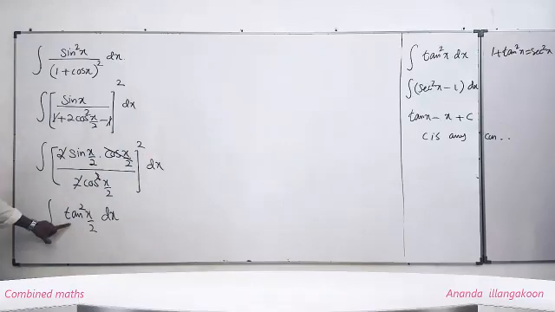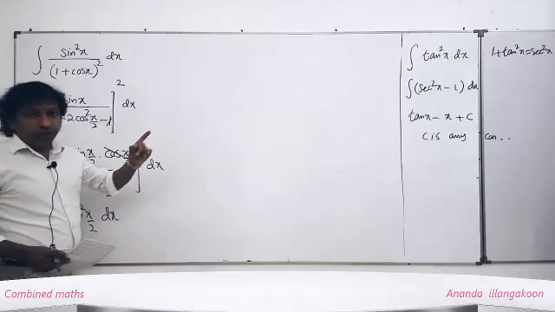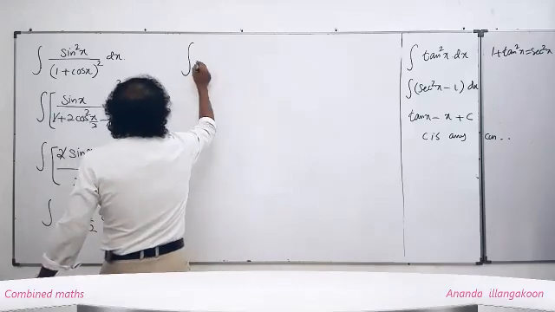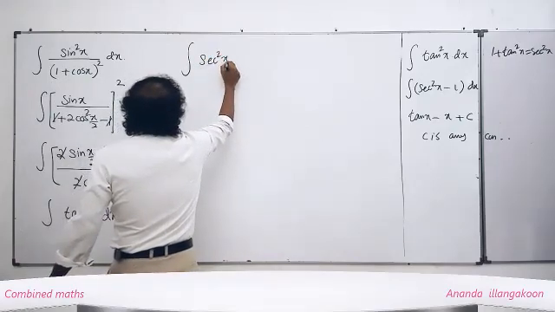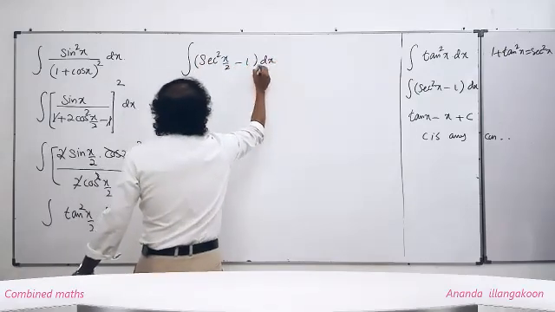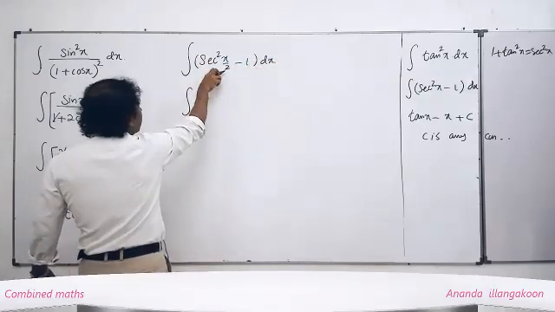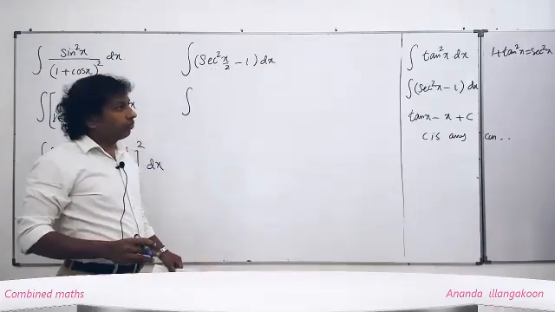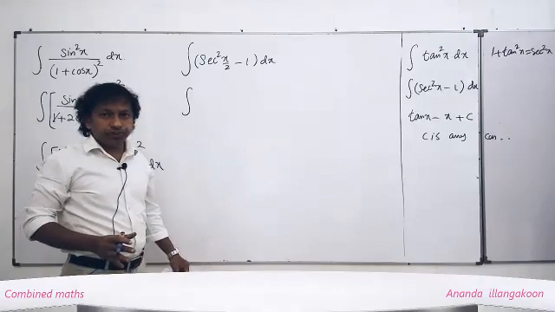Now this one again, you can write tan squared x by 2 by using that formula: sec squared x by 2 minus 1, dx. Now this one, people, what is the integral of sec squared x? Integral of sec squared x is tan x, no?